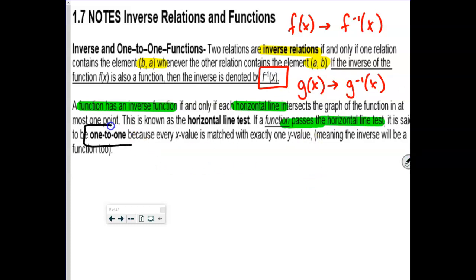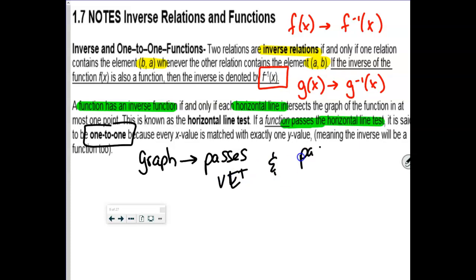How do you know if a function is one-to-one? If you have a graph and it passes the vertical line test, why can I not make L's today? And it passes the horizontal line test, that means you have a one-to-one function.